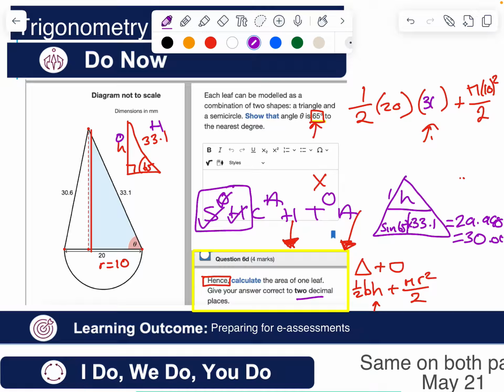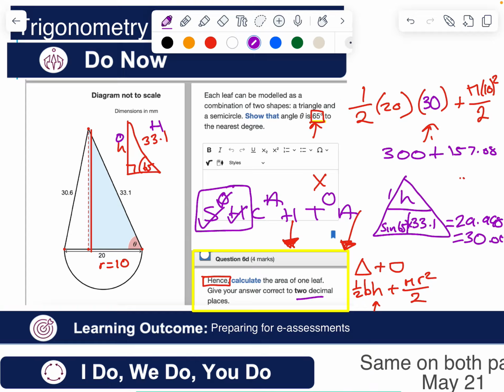Now I can put that in the formula that we had at the beginning, and then we just put that in the calculator. A half times 20 times 30, if you want to split it up, that's fine. That's 300. Then pi times 10 squared divided by 2 is 157.08.